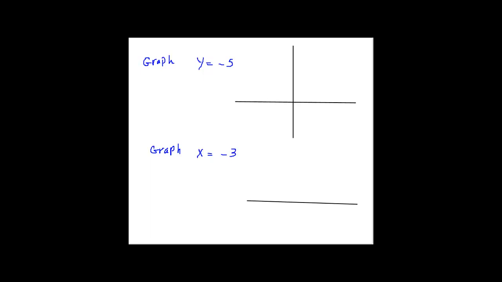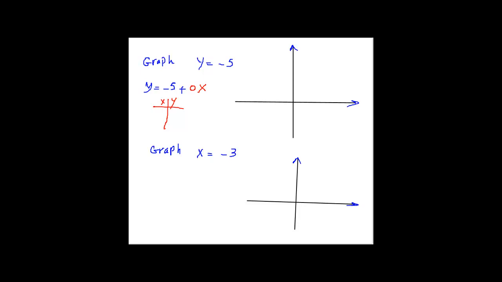Horizontal. Okay. If you're not sure which is which, you can go ahead and write down the equation as y is equal to -5 plus 0x. The reason x is missing is because the coefficient of x is 0. Then find a couple of points.